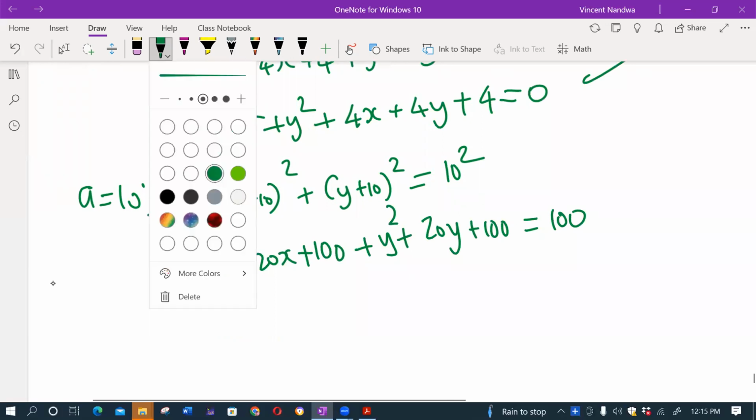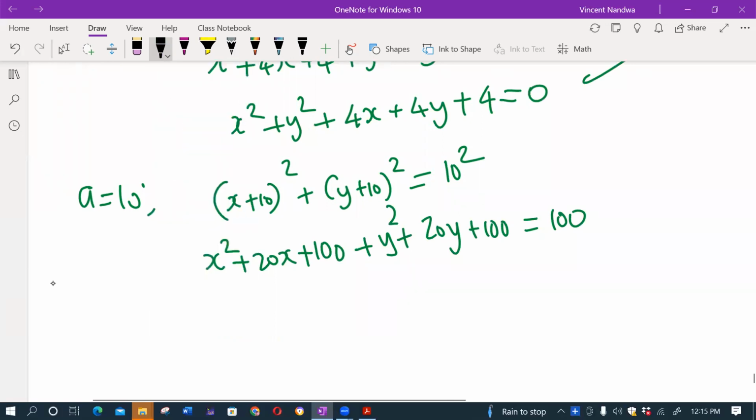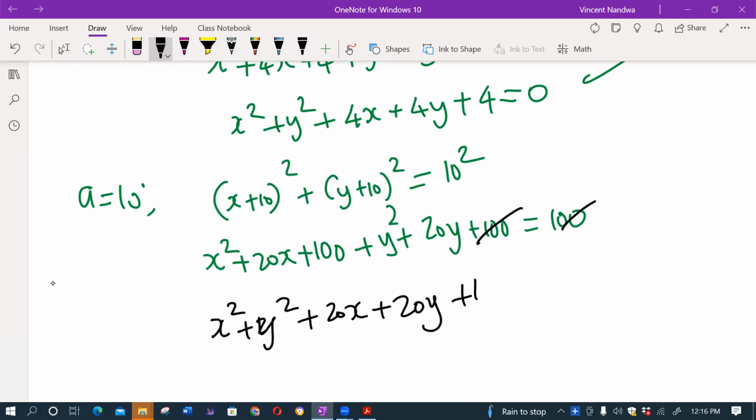And then 100 and 100 cancel out. So we have x squared plus y squared plus 20x plus 20y plus 100 equals 0.